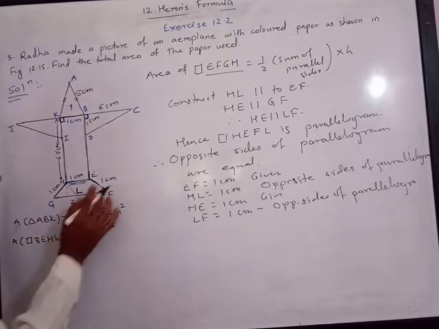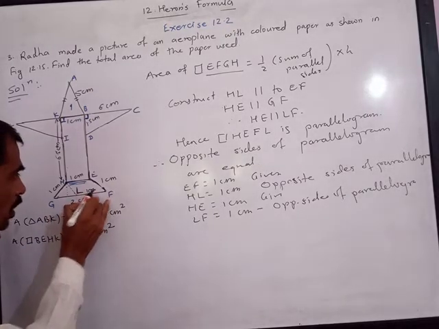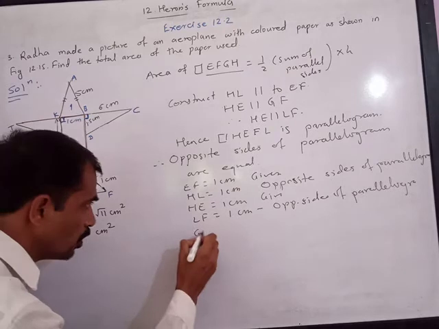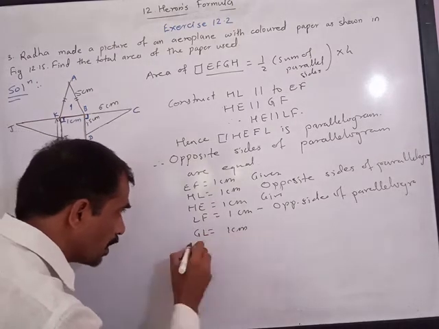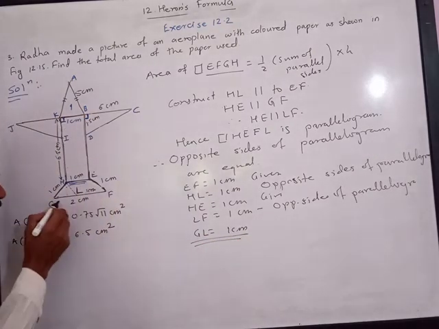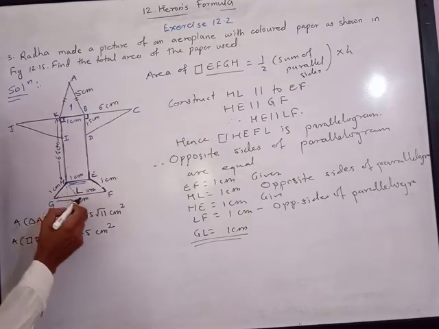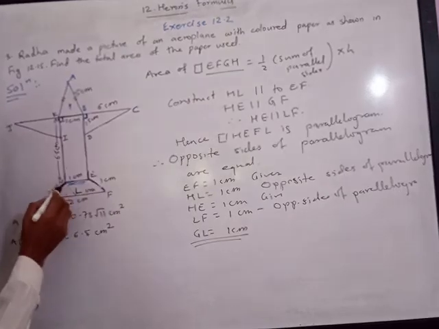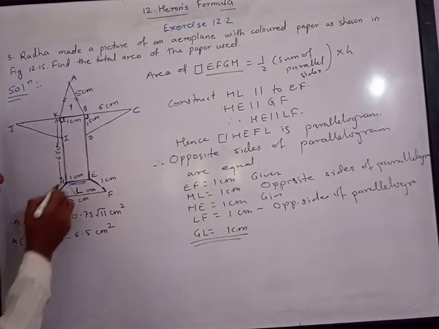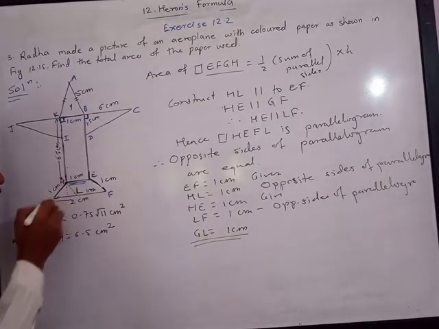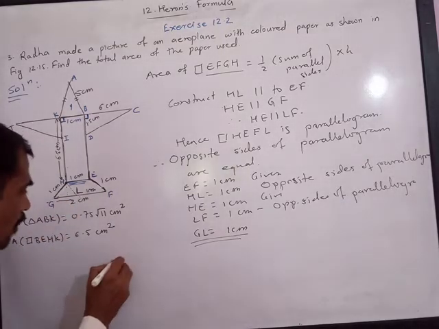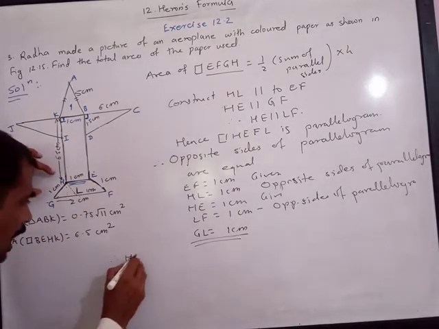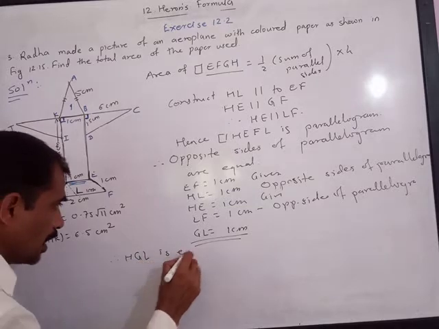Next, we have got LF is equal to 1 centimeter. Please note, it means GL is also equal to 1 centimeter. We have got GL equal to 1 centimeter, HL equal to 1 centimeter, and GH also equal to 1 centimeter. It means triangle HGL is an equilateral triangle since all the sides are equal.